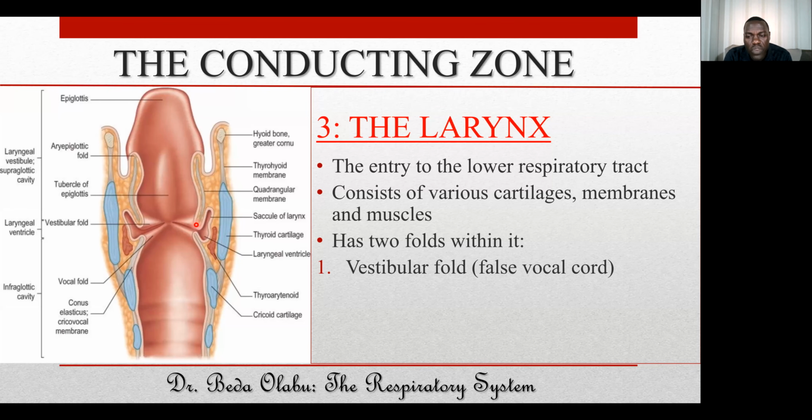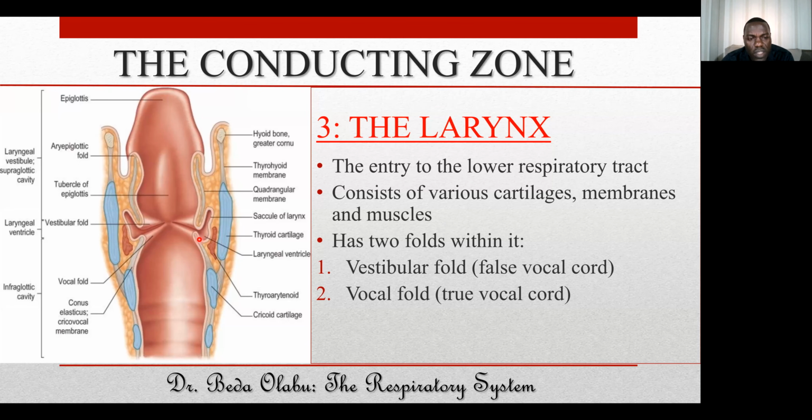The vestibular fold is also known as the false vocal cord. The fold below is called the vocal fold. The vocal fold is also known as the true vocal cord.